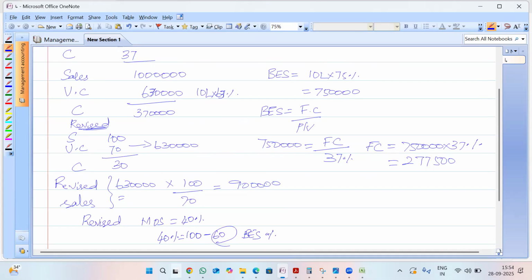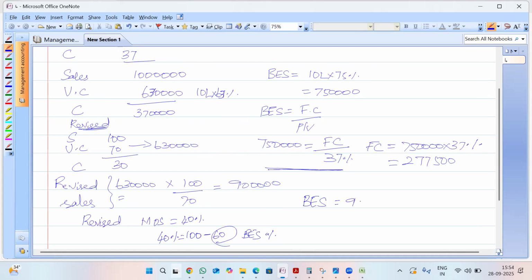So now I need to apply the same formula I used here. Now I'm going to calculate break-even sales. So break-even sales is 60 percentage on sales.